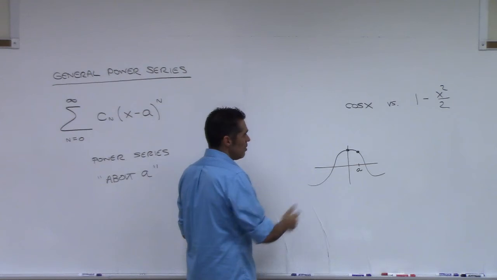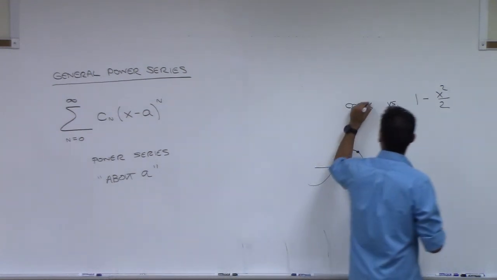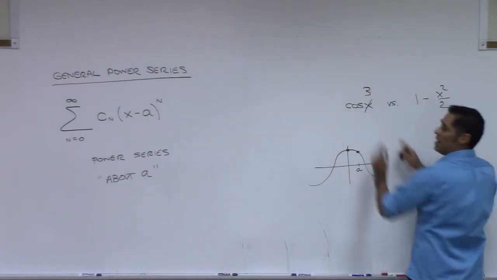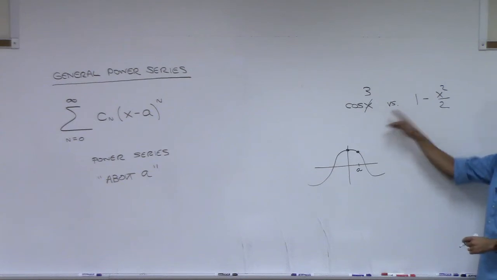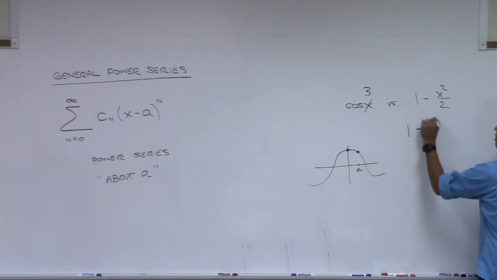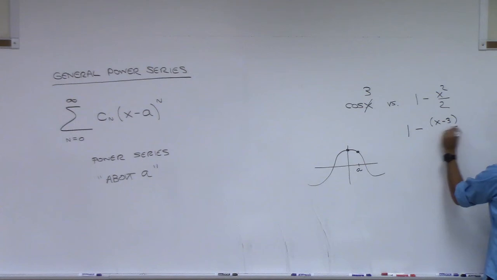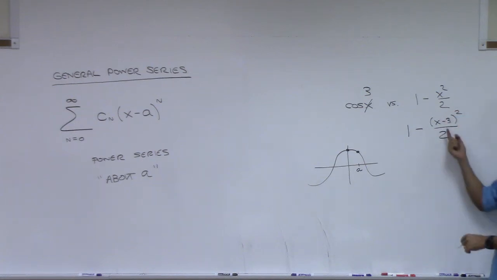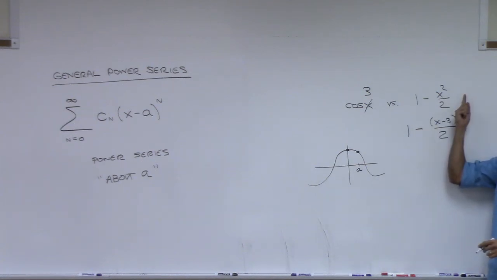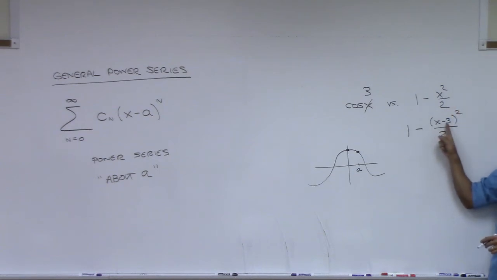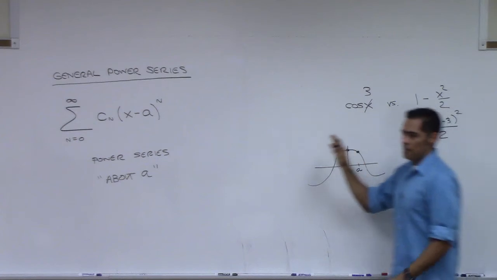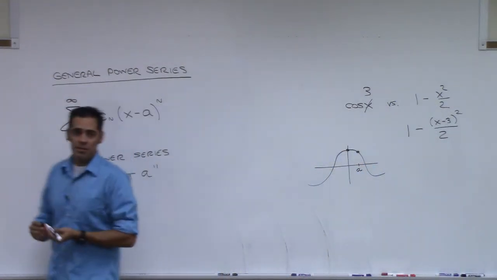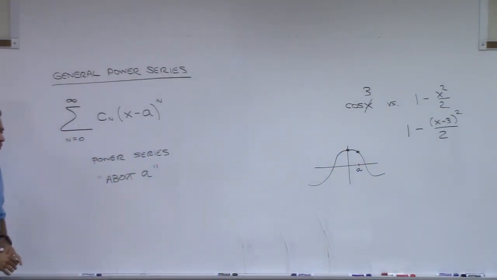If I wanted to approximate what was happening at 3 here, then all I would do over here is what? I would use that instead. I would shift it to the right 3 by subtracting 3 on the inside of the function. Now I'm getting a little ahead of myself, but this is a general power series. Okay?